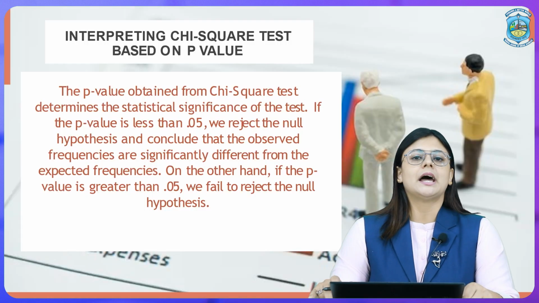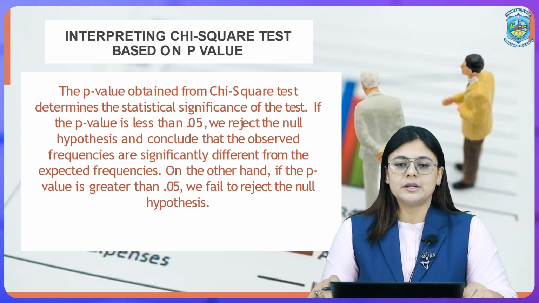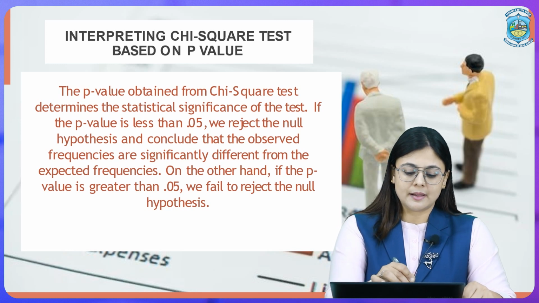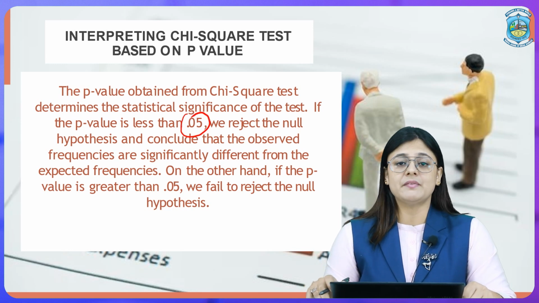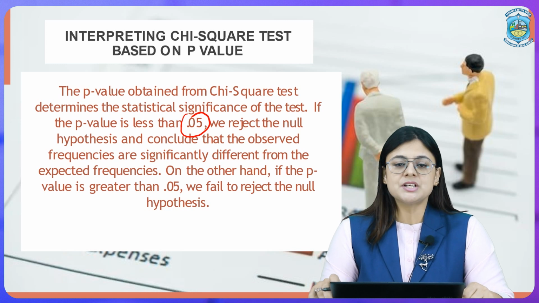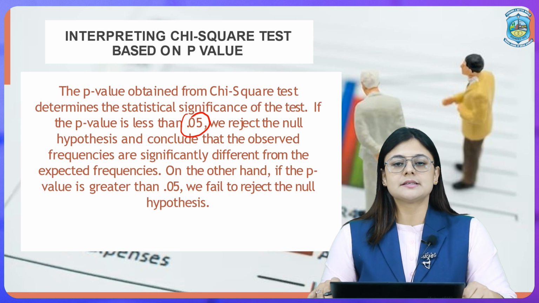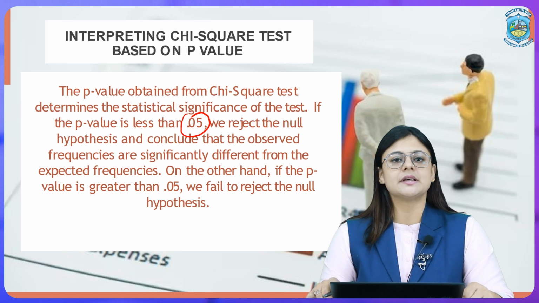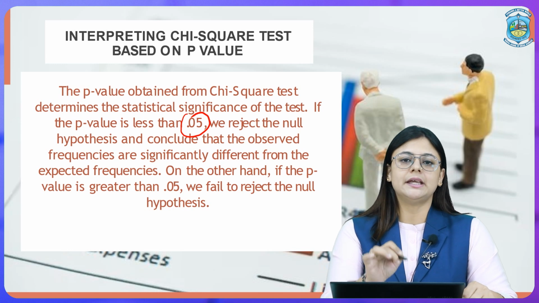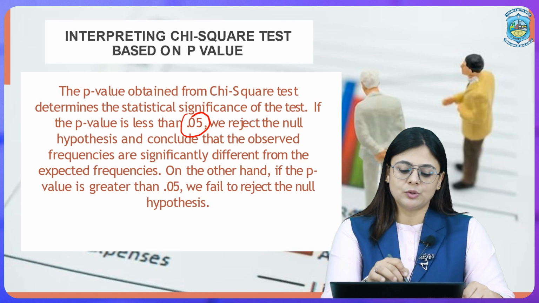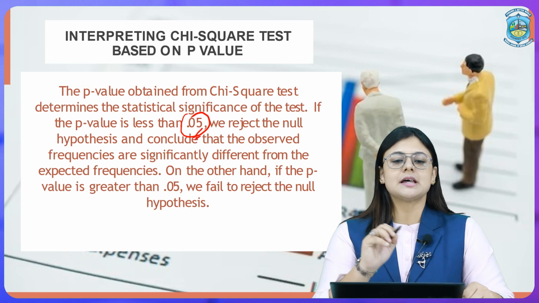At times, in certain calculations, you might also see the calculation with respect to the p-value, that is the probability value. Majorly when you calculate this chi-square test in statistical software like Excel, you would not get the direct chi-square value, but you will get the p-value. So in that case, how do we do it?